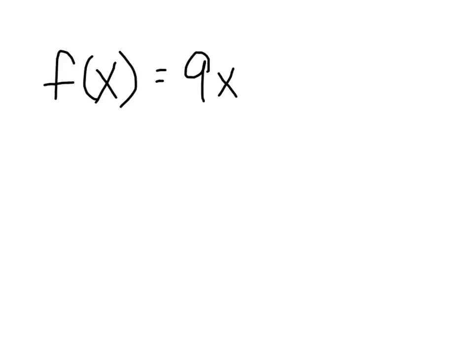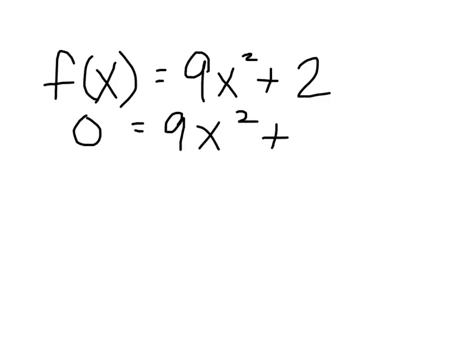Then, number 11. First thing it tells me is find the zeros of the function. When it asks you to find zeros of a function, remember what you do is you take the f of x out and replace it with a 0.